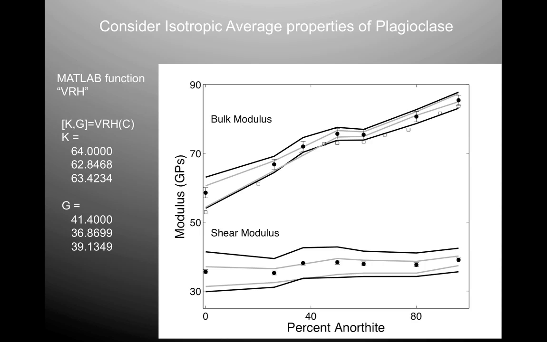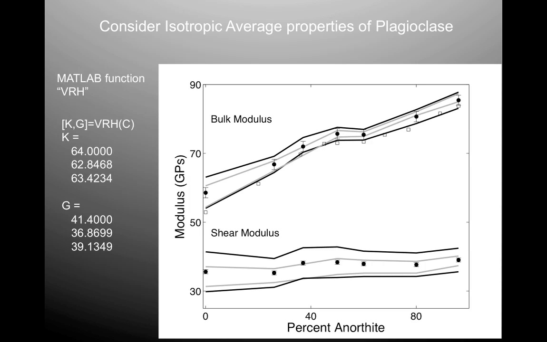The shaded lines are Hashin-Shtrikman bounds. Now, Hashin-Shtrikman only is implemented up to monoclinic symmetry, so I in fact had to average the triclinic constants into monoclinic constants before then applying Hashin-Shtrikman bounds.